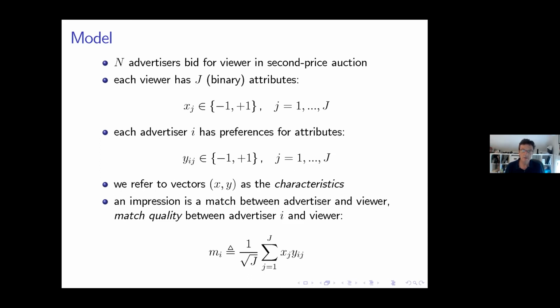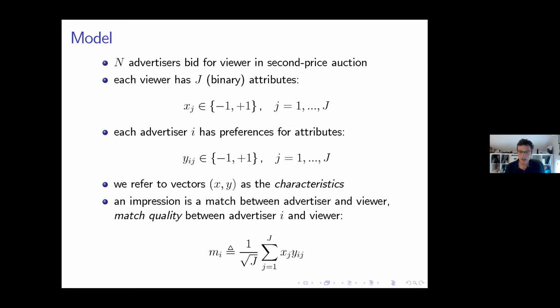And the value of the impression is basically being created by the match between the attributes and the preferences. So whenever the signs agree, we get a positive increment to the match value. Whenever they disagree, we get a negative increment to the match value.